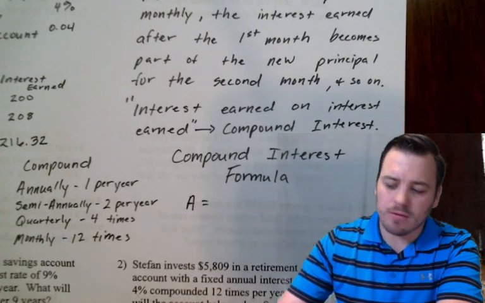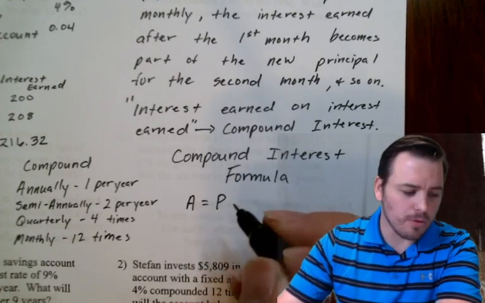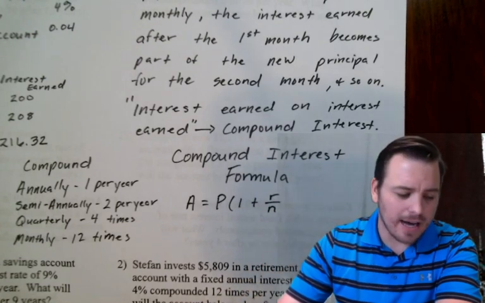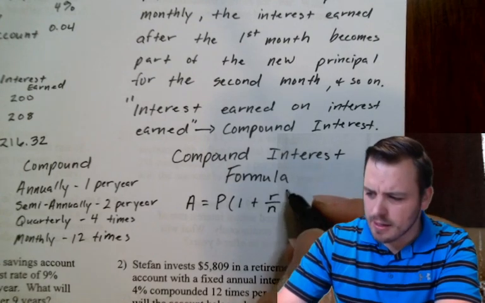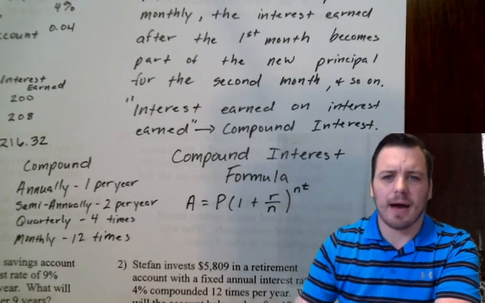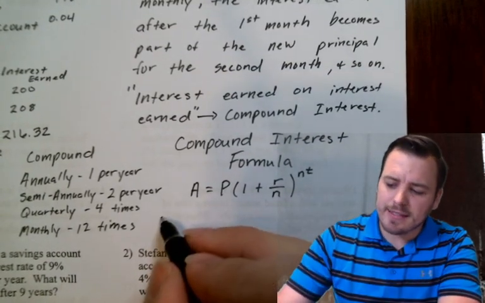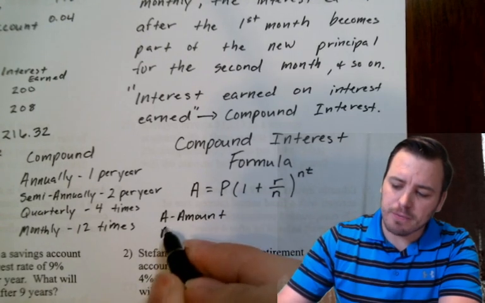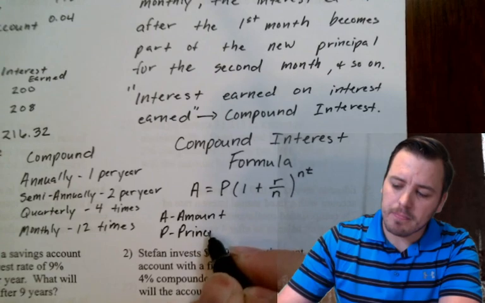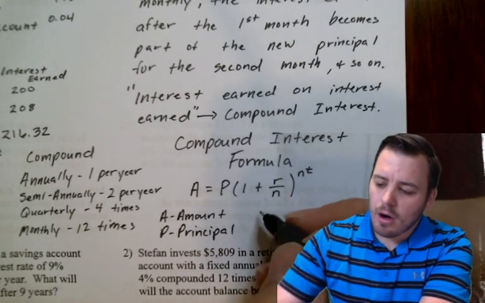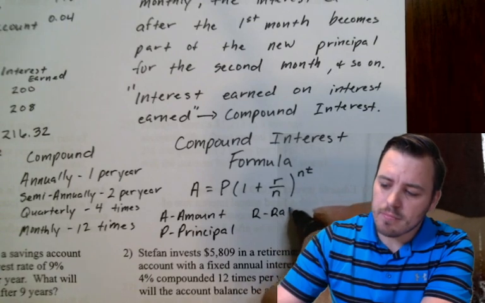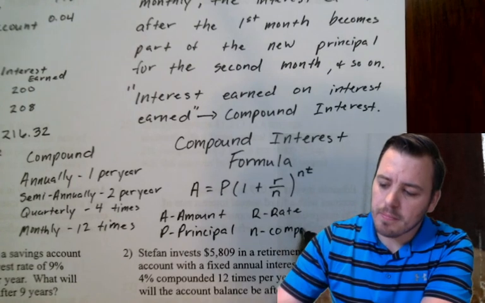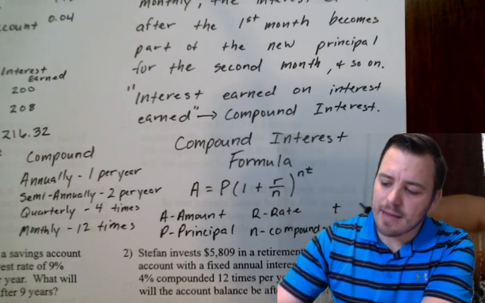A, the amount, is equal to P, the principal, times 1 plus R, your rate, over the number of times it's compounded, raised to the NT power. So A is amount. P is your principal amount. R is your rate. N is your compounds. T is time in years.